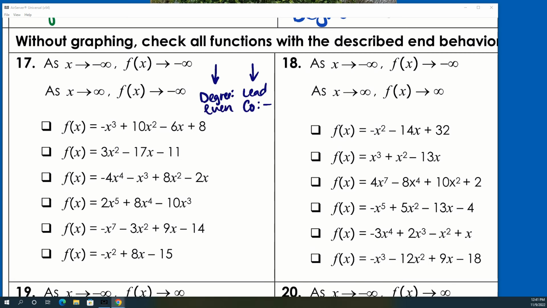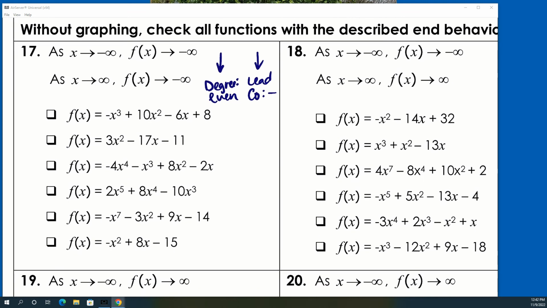Even. Same direction is going to be even. So we just go through this list of functions and check all the ones where the leading coefficient is negative and the degree is even. Looks like there's only going to be 2 answers. Those are the 2 that have that end behavior.